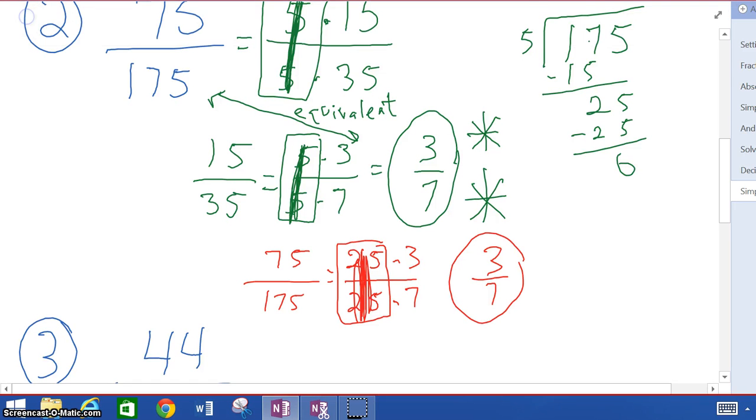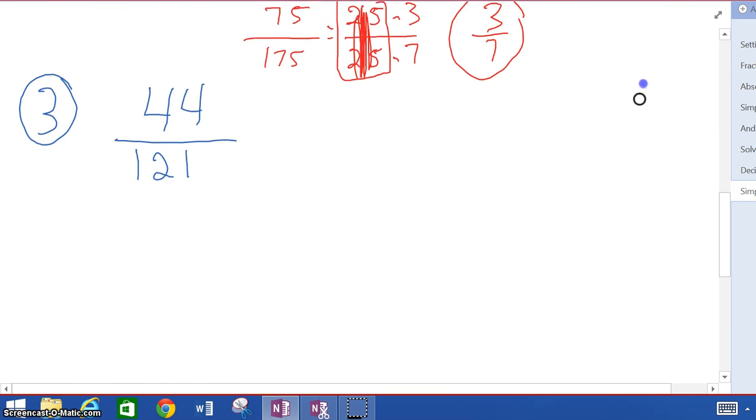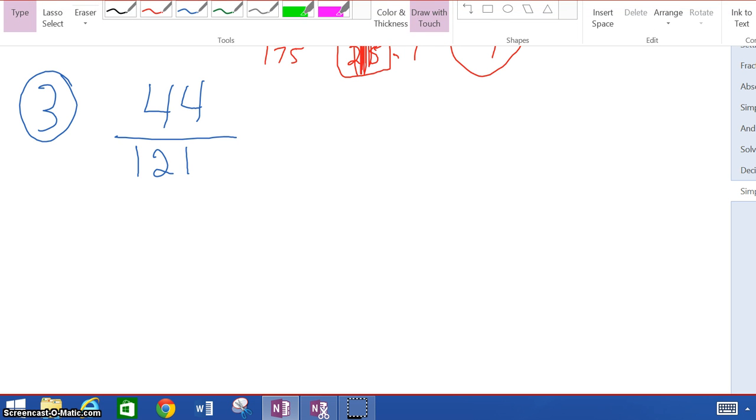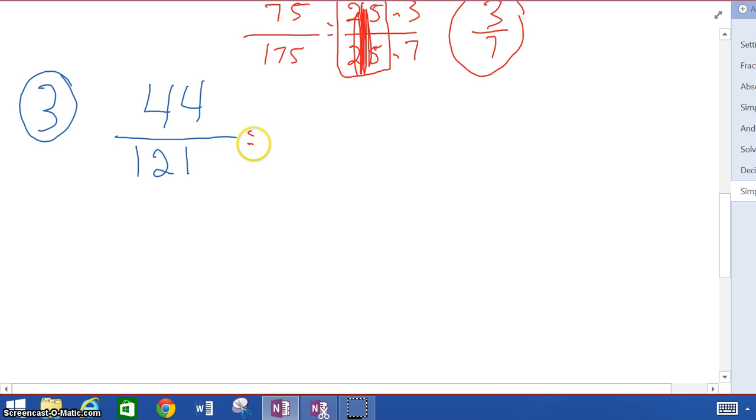Okay, let's try another one. 44 and 121. Well, hopefully you see 121 and you're thinking, that's a strange number. It happens to be a perfect square, right? 11 multiplied by 11. Also one of our multiplication frenzy numbers that we should know. 44, can we write that as 11 multiplied by something?